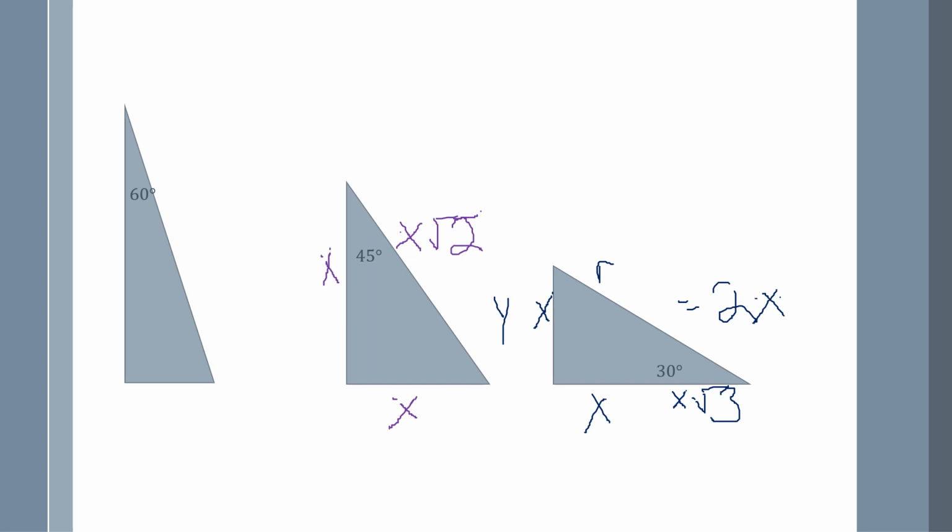For the 60-degree triangle, the x-axis has the short leg, so it's just x, and the new long leg is x square root 3. The hypotenuse is the same as in the 30-degree triangle, which is just 2 times x. So we know these things.